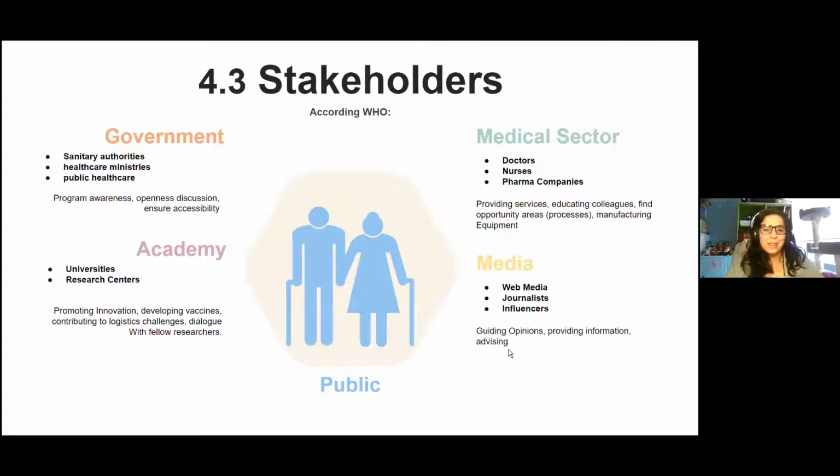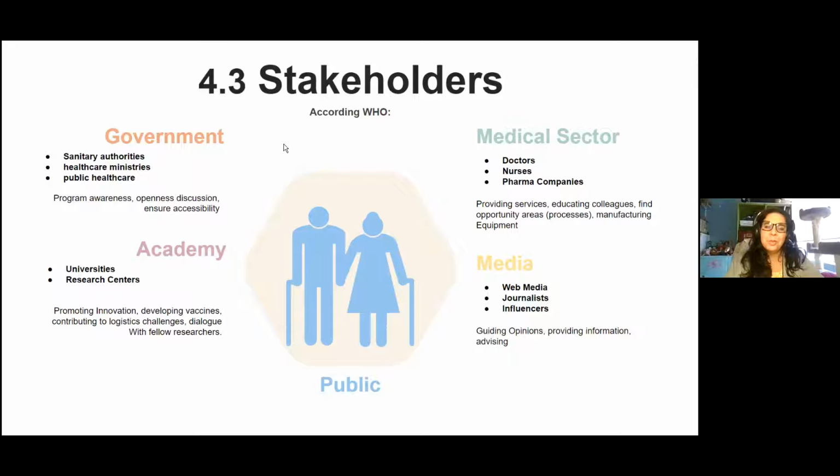And well, I am just going to mention who the stakeholders in this research are. So part of it is the government, which includes sanitary authorities, healthcare, and public healthcare. And their role is to create program awareness, open discussion, ensure accessibility. The academic, which includes universities and research centers.